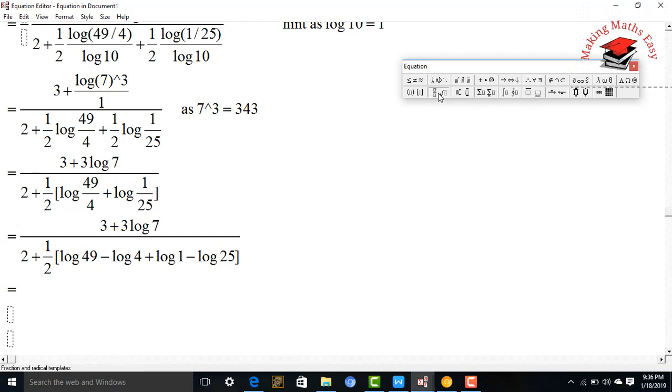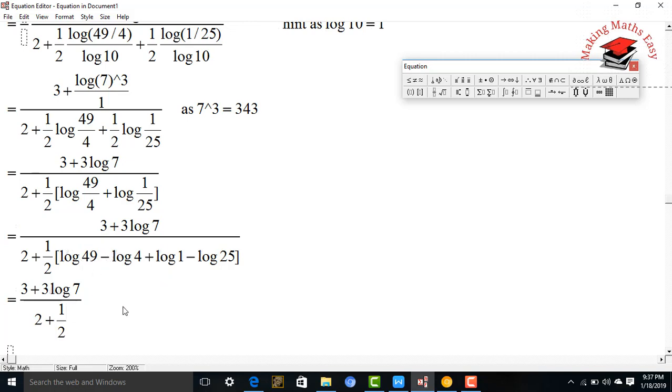I am using the divide operator over here as 3 plus 3 log 7, 2 plus 1 by 2, 1 divided by 2. Now we will simplify this as log of 49 minus log of 4. As we know that log of 49 minus log of 4 gives us 49 upon 4, plus log of 1. So we will add these two.